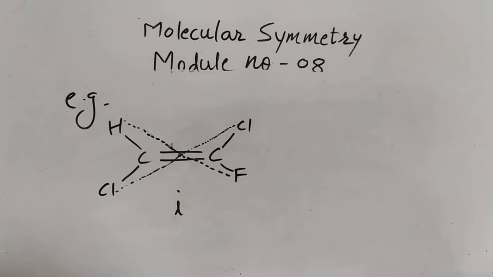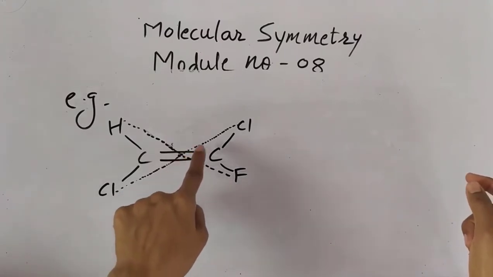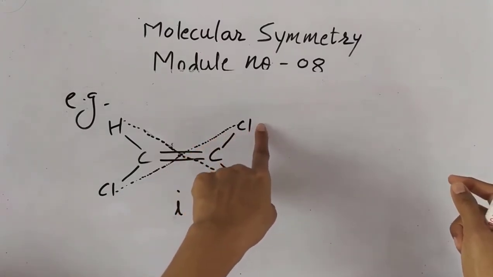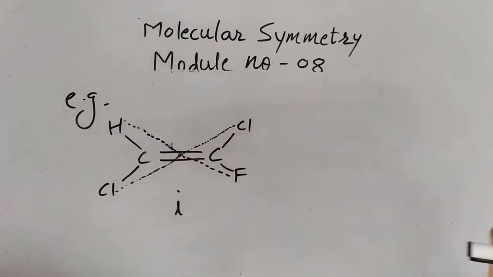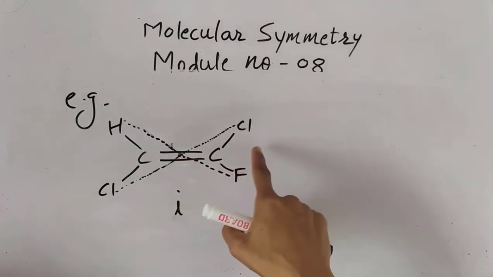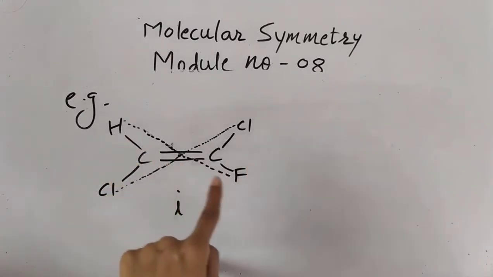You may say yes. Why? Because if you start from a chlorine, you get the same chlorine atom in the opposite direction and at equidistance. So you may say that I is present in this molecule. But what I told you is that it should happen with all the atoms present in a molecule.